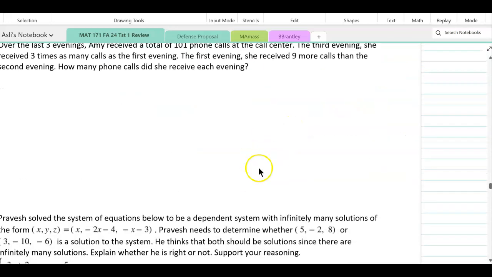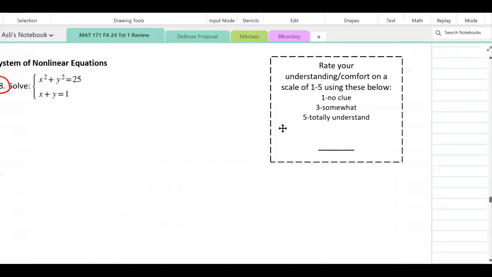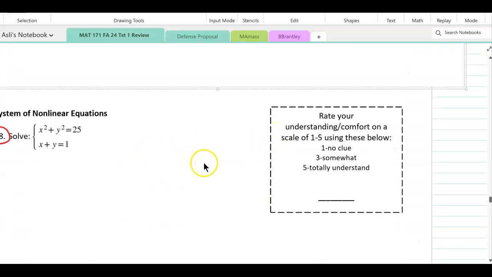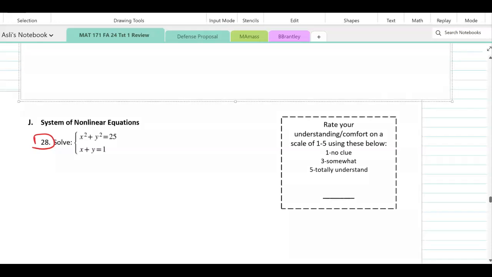So the next question I want to solve is systems of nonlinear inequalities. It is nonlinear because one of the equations has non-linear terms.